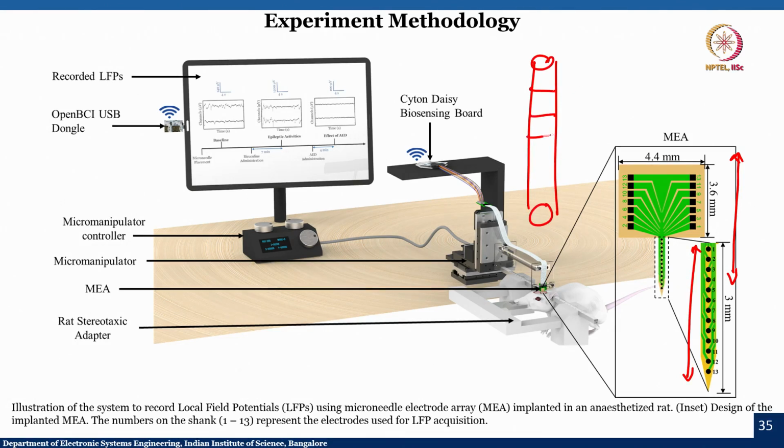If I have 2 per layer, then I should only have 12 electrodes, 2 into 6 layers, simple math. But here you see there are 13 electrodes. So, can you tell why there are 13 electrodes instead of 12 when we require only 12? Think about it.